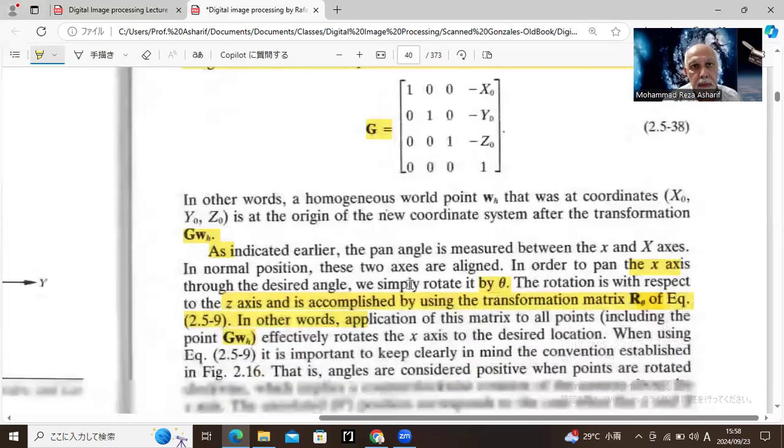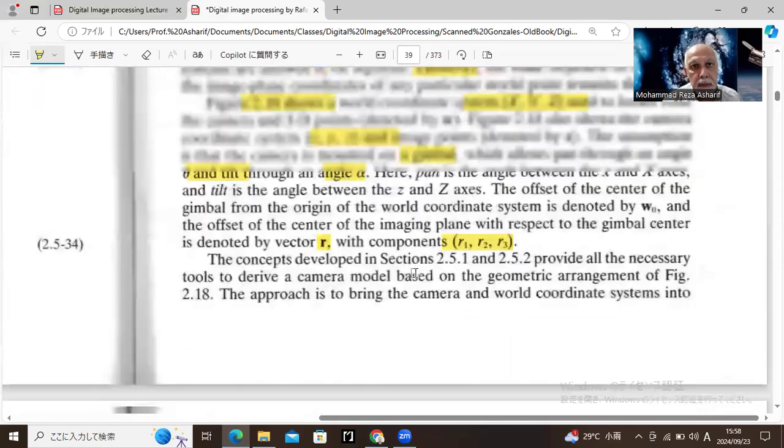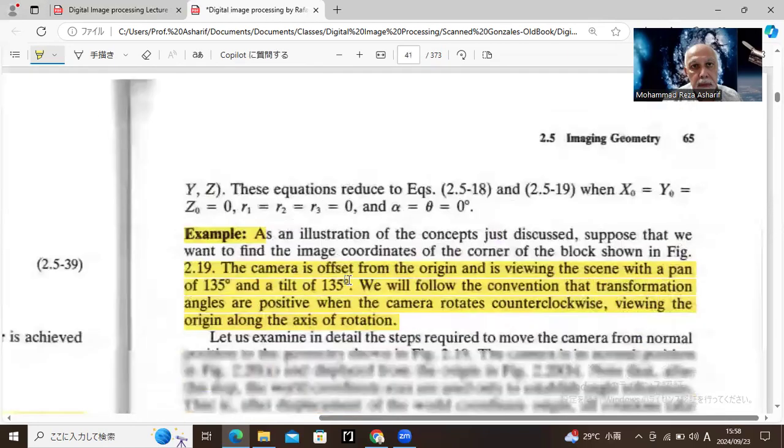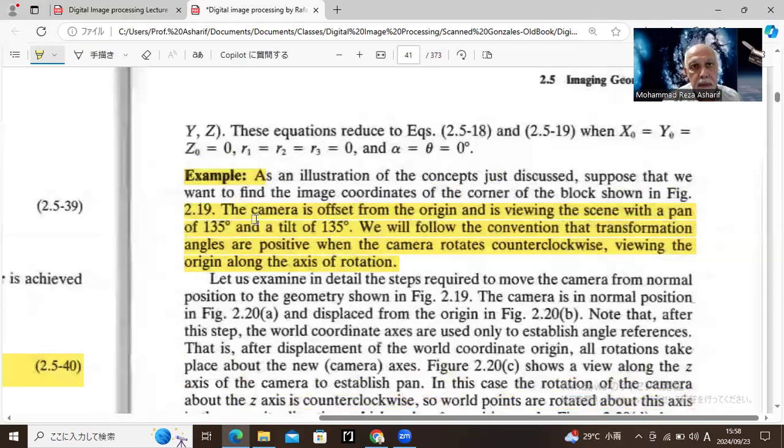So this is camera calibration and the camera model. Here I just explained this, and one example is here. Alpha theta is 0, reduced to this, okay? Example as an illustration of the concept: suppose that we want to find the image coordinate of the corner of the block shown in figure 2.19.